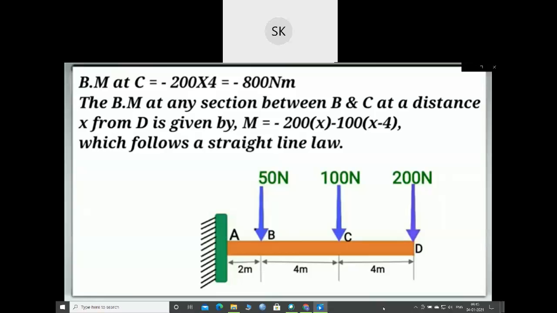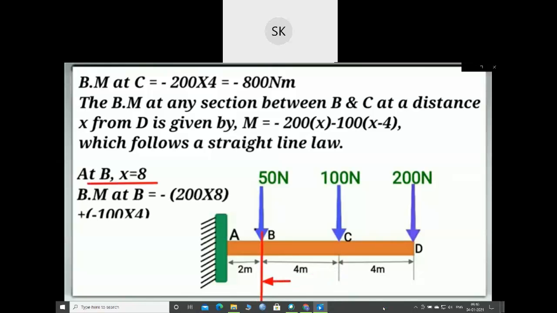Hence this equation also follows the straight line rule, which clearly indicates that the bending moment diagram between point C and B will be a straight line but with a negative slope. At point B, x will be equal to 8.